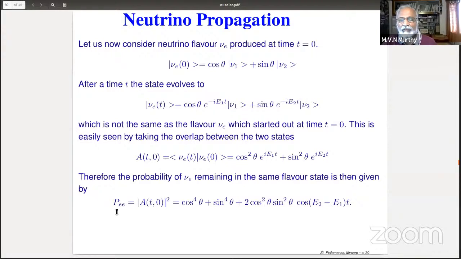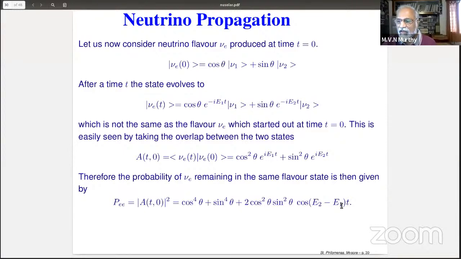It simply means the probability of electron flavor remaining as electron flavor is the modulus square of this amplitude, which is cos^4 theta plus sin^4 theta plus 2 cos squared theta sine squared theta times cosine of (E2 minus E1) times t. That's all. This is the probability, and it is a number which now depends on the parameter theta, which is the mixing angle, and the difference in the energies, E2 minus E1.